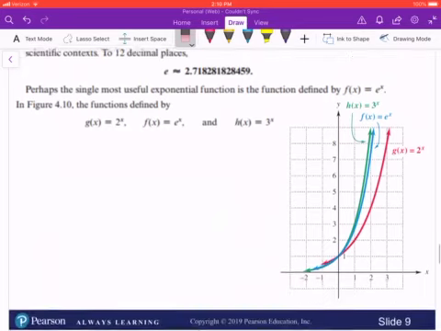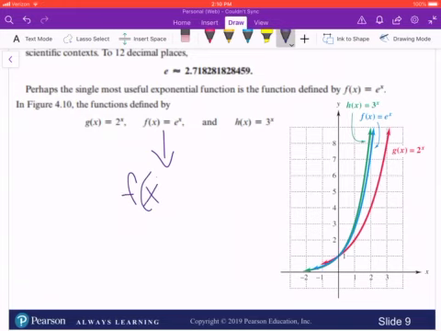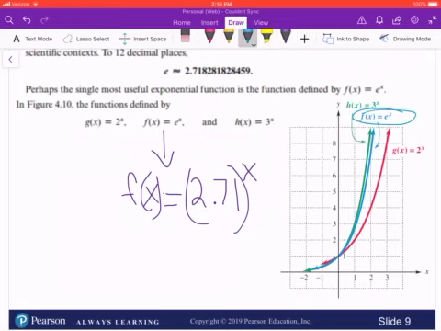But right now, the formula that we have here for this function, think of it as f of x equals 2.71 to the power x. That is the graph that you see here in blue.